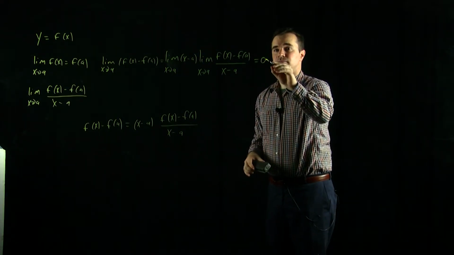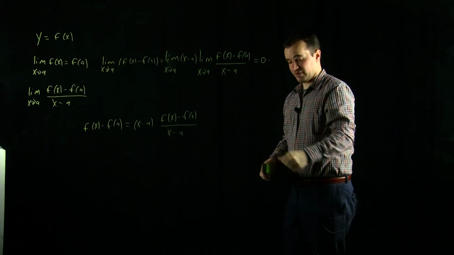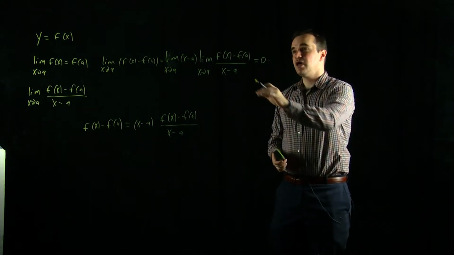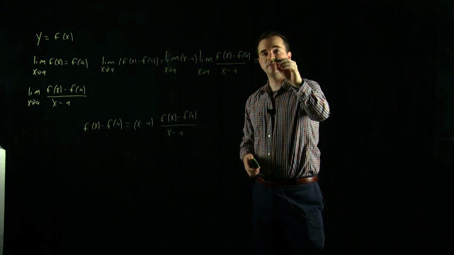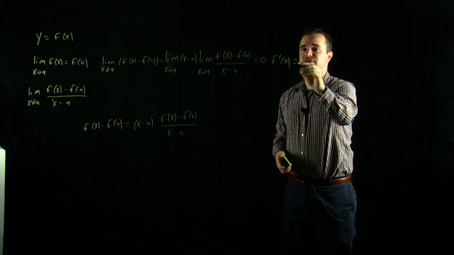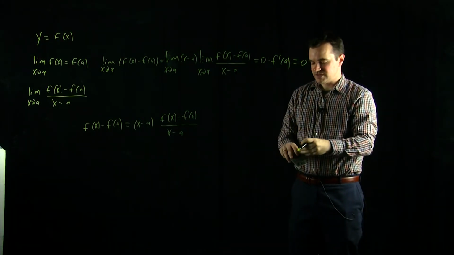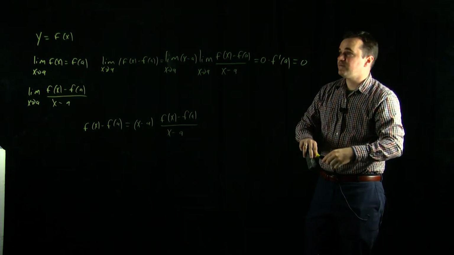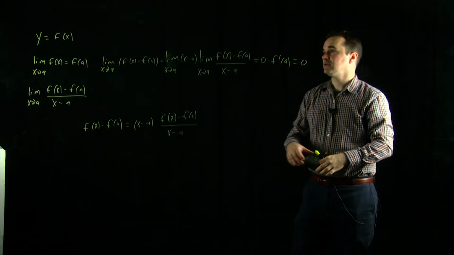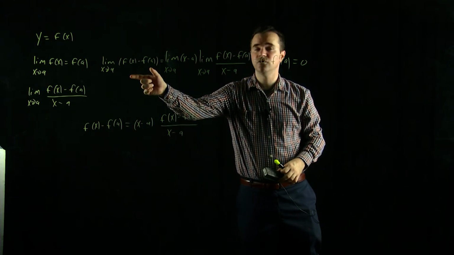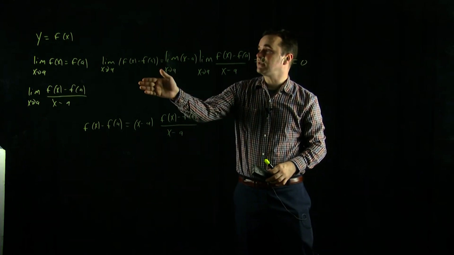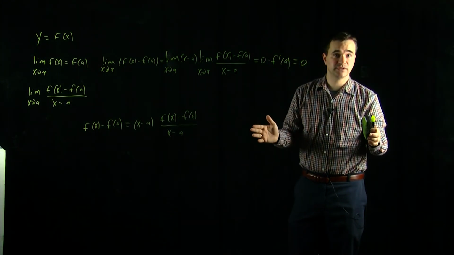That's going to be 0. And now I'm multiplying this now by f prime of a, which is just going to give me 0, which is exactly what I wanted. So the very fact that the derivative existed tells me that this limit of the numerator has to be 0, which is the same thing as saying that the function has to be continuous.